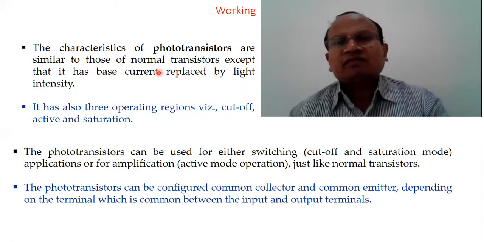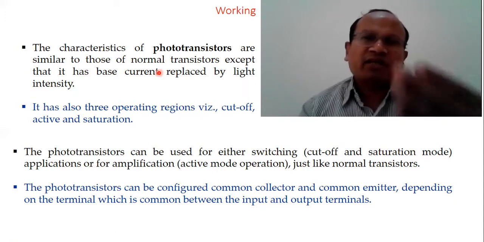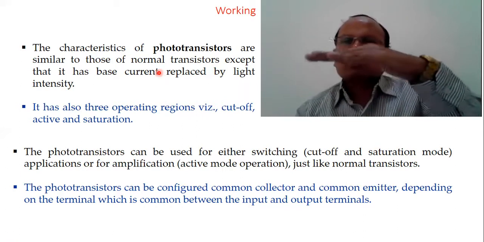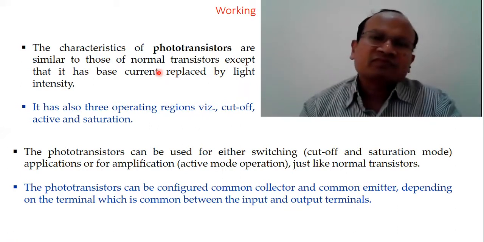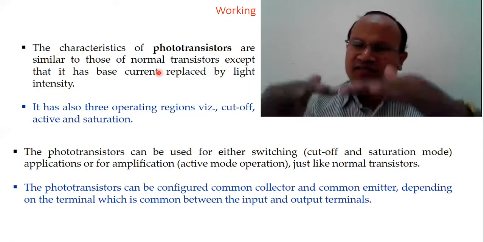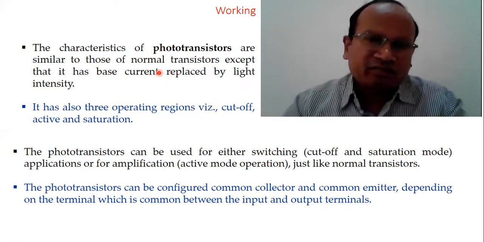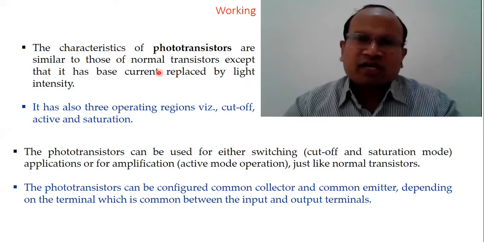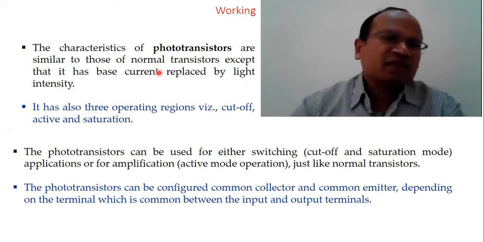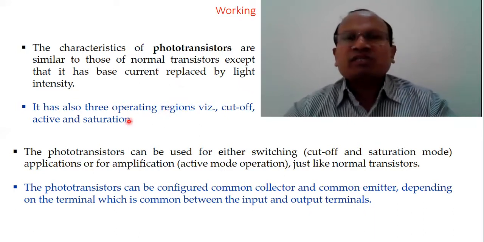And we know that when you increase the base current in an ordinary transistor, your characteristic goes up. When the base current is 0 ampere, the region is called cutoff. A similar situation will be there in the characteristic of the phototransistor as well. Let's see. It also has 3 operating regions: cutoff, active, and saturation.